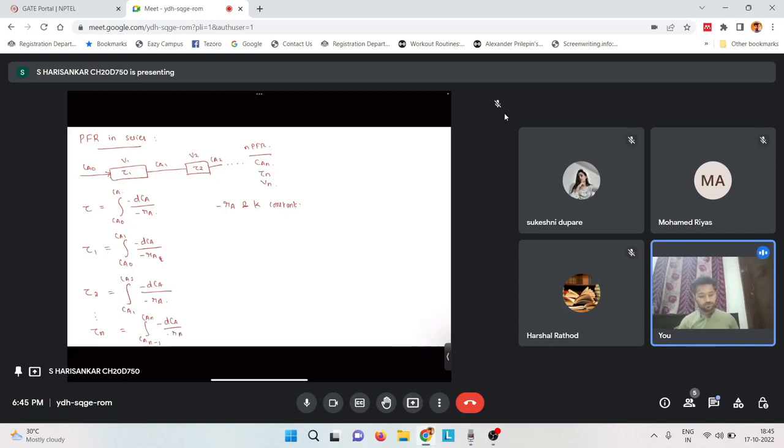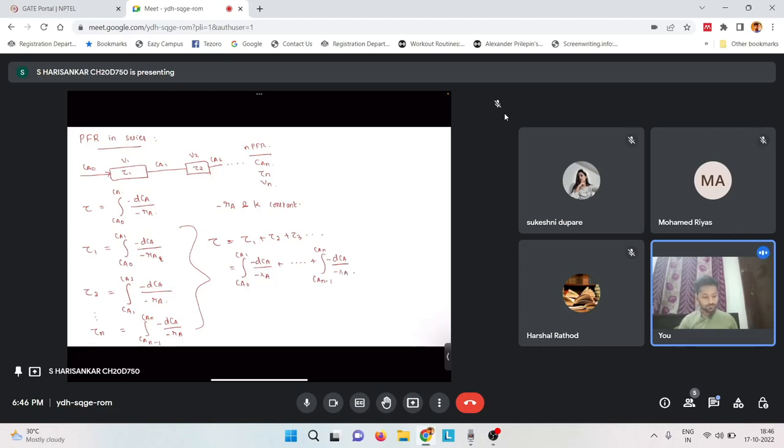If you write the sum as tau is equal to tau 1 plus tau 2 plus tau 3 plus etc., which will give you your total residence time, that is the integral from CA0 to CA1 of minus dCA by minus RA, plus it will go on till CAN minus 1 to CAN of minus dCA by minus RA.